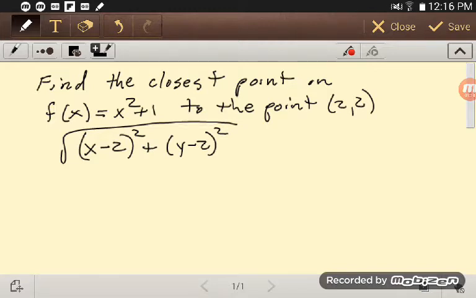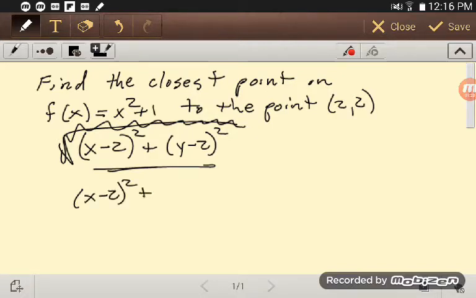So I'll get rid of that, and what I want to do is minimize that. Well, except y, I need to put in my x squared plus 1. So I've got x minus 2 squared plus x squared plus 1 minus 2 quantity squared. So that's what I want to minimize. If I call this f of x, I'll call that g of x or something.